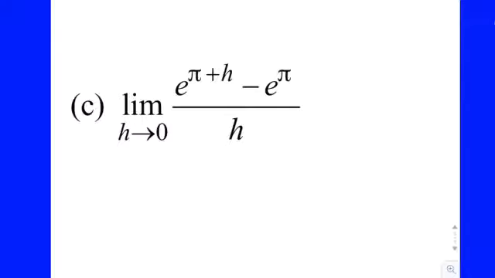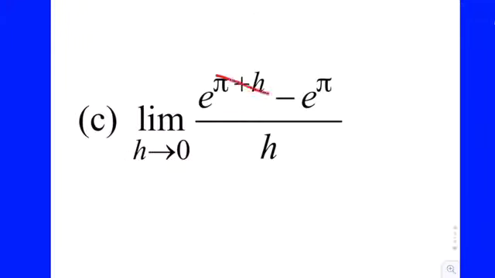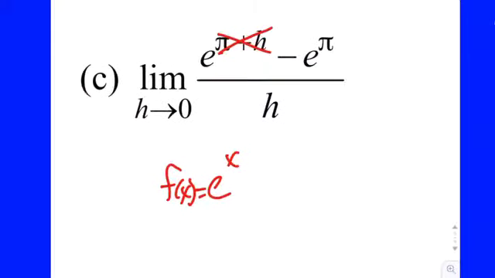I know when saying that out loud, maybe it's annoying, maybe you don't need it, but it's really not very challenging to do that, right? I don't like you, pi plus h. You're staring at e to the x, that's the function. And of course, then the value of x, which is c, I guess we'll call it, is pi. So that's the derivative of e to the x evaluated at pi.